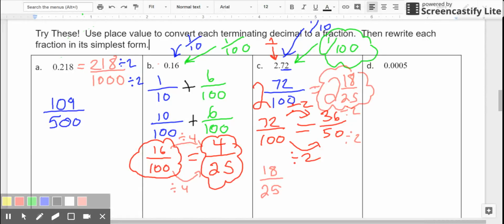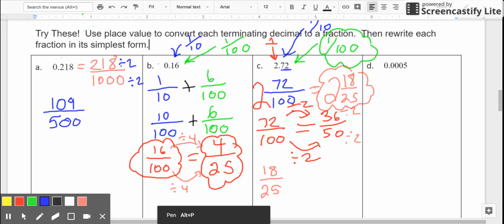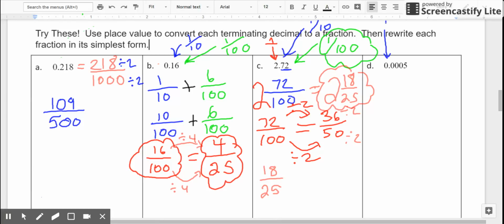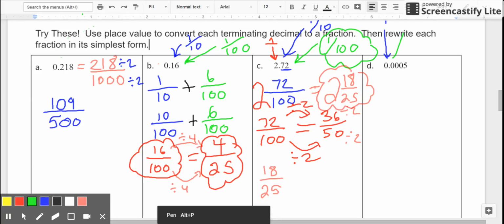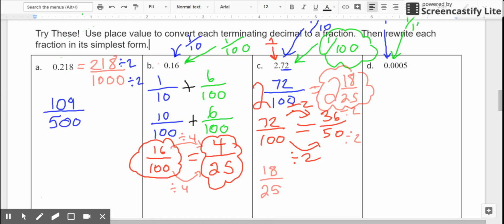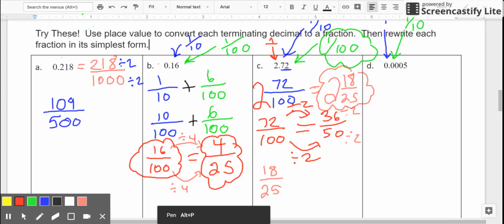Last one, part D. I've got 0.0005. So let's see, I've got a 0 in my ones column. I've got a 0 in my tenths column. I've got a 0 in my hundredths column.